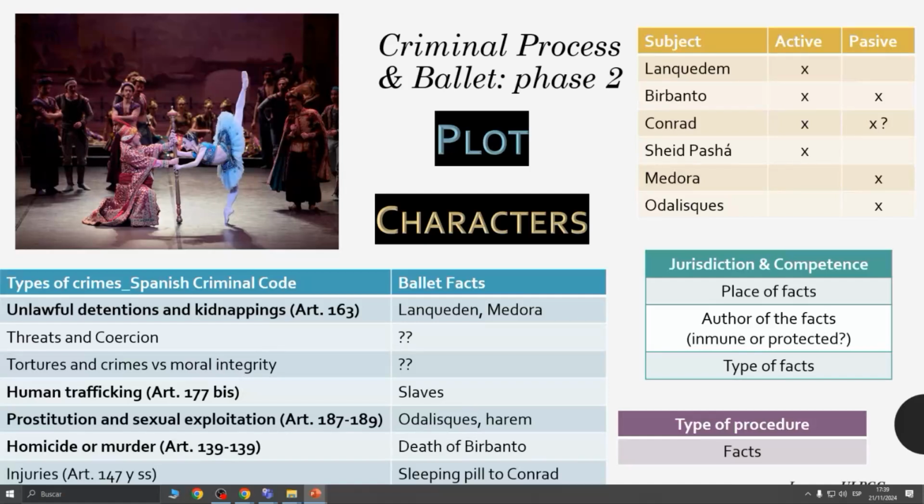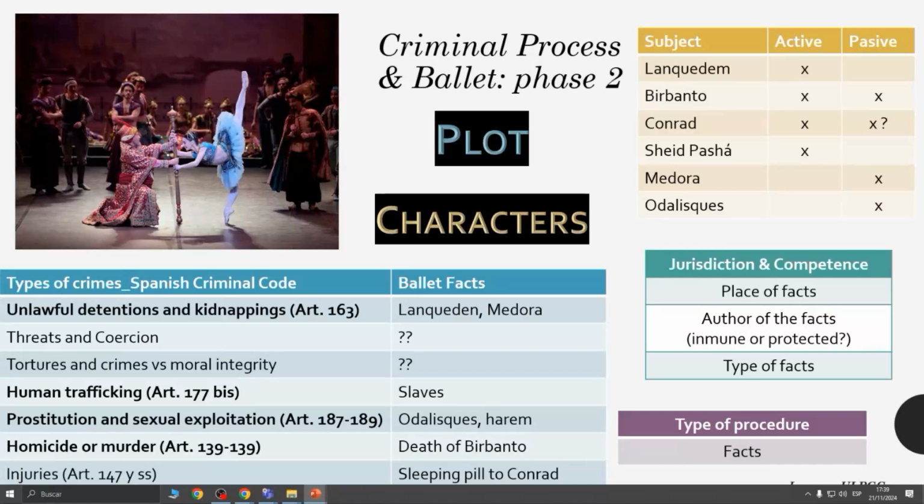Also, with these 2 elements, we can identify the types of crimes. I have written the crimes that, according to the Spanish criminal code, we could apply in that case. So, for example, unlawful detention and kidnapping, human trafficking, prostitution and sexual exploitation, homicide and murder, and the other one could be under discussion.